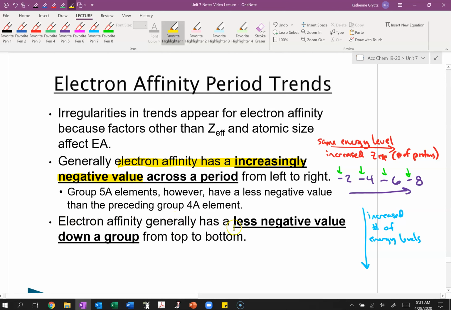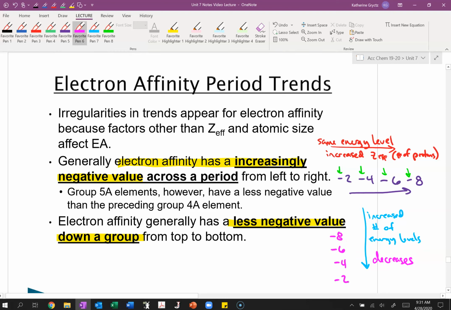So electron affinity generally has a lower negative value down a group. So it generally decreases negatively down the periodic table. So -8, -6, -4, -2 would be what it would do down the periodic table.